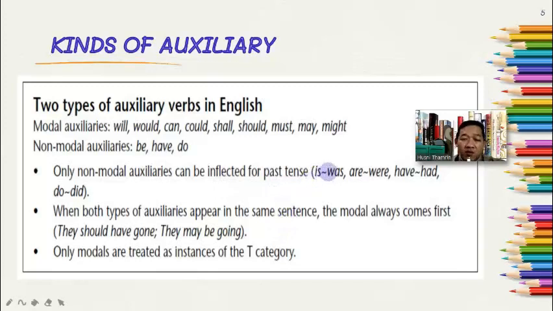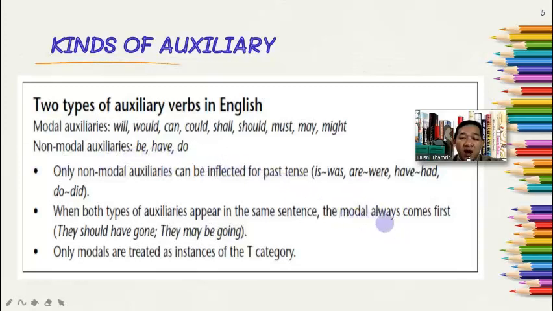Is to become was, are to become were, have to become had, do to become did. When both types of auxiliaries appear in the same sentence, nah di sini bilamana muncul pada kalimat yang sama dua jenis auxiliaries, the modal always comes first.